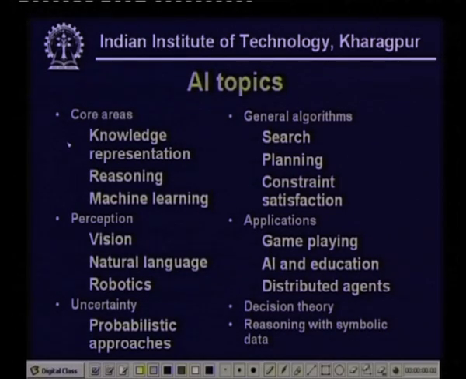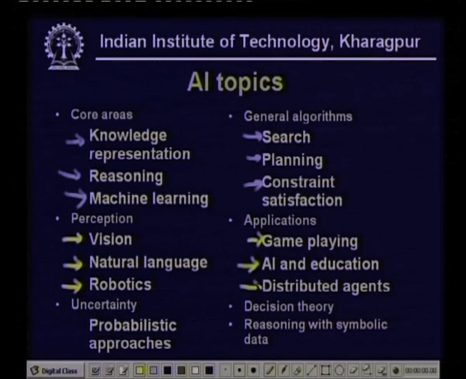In the core areas, we talked about knowledge representation, reasoning, machine learning, general algorithms, search, planning, constraint satisfaction, perception, vision, natural language processing, robotics, applications, game playing, AI and education, distributed agents, uncertainty, probabilistic approaches, decision theory, reasoning with symbolic data.